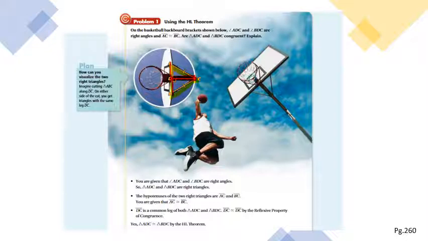Is it right? Okay, and then they give you also that AC is congruent to what? To BC. And look, is it the longest side? Yes, it is.